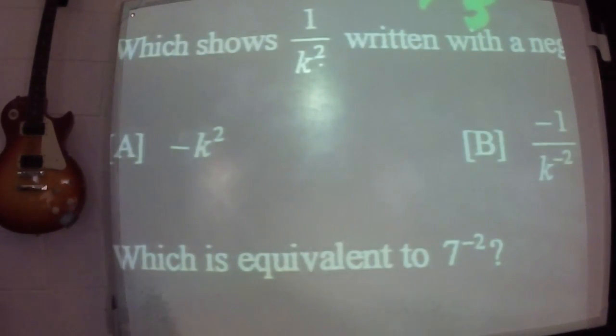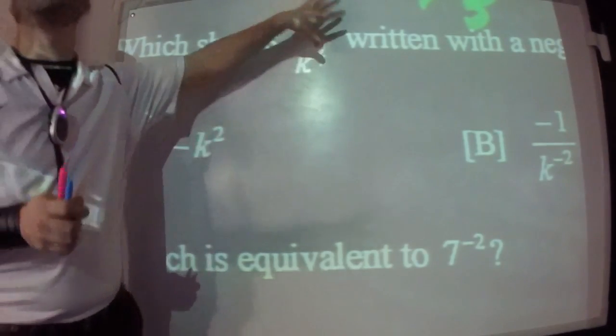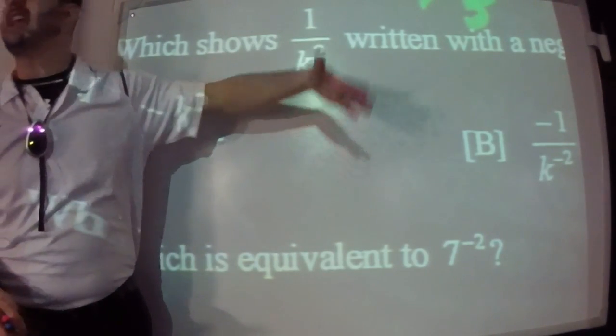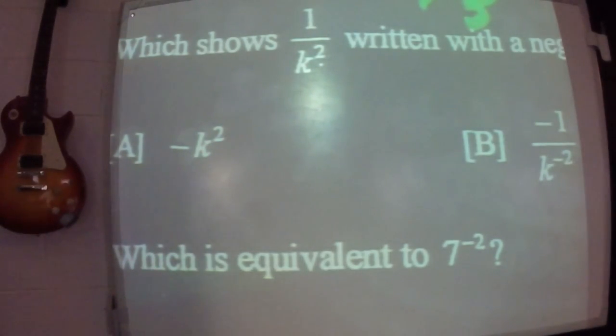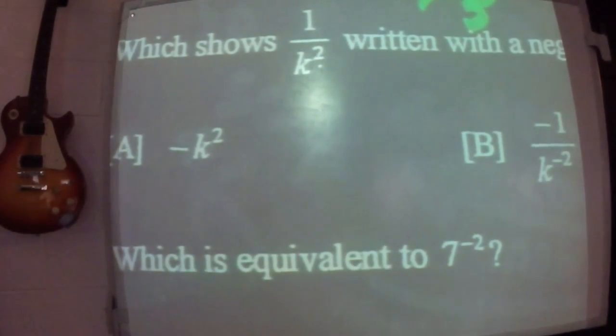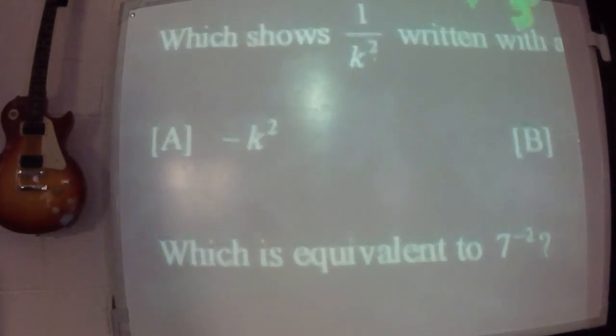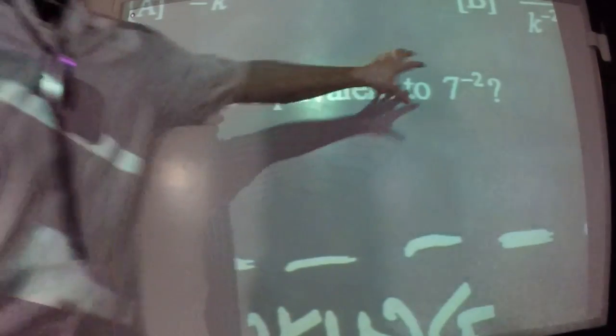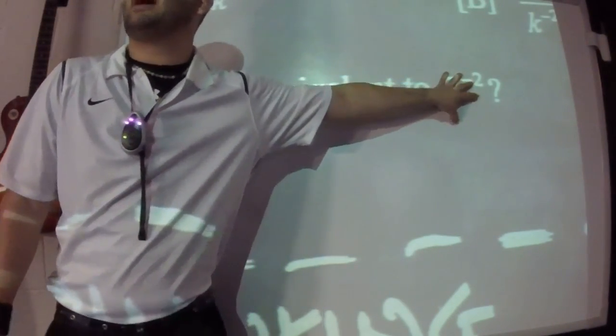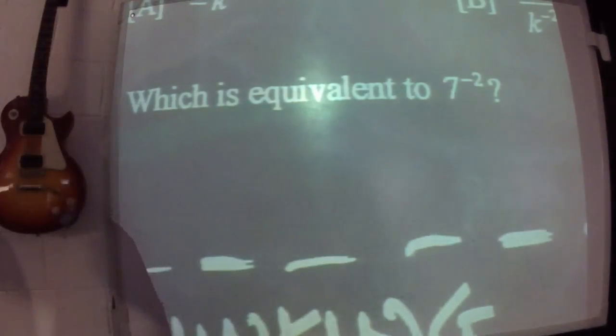Look at 1 over k squared. Write that with negative exponents. So I've got 1 over k squared. I bring the k squared up and make it k to the negative 2. And then we need an equivalent expression for 7 to the negative 2 power. 7 to the negative 2 power is the same as 1 over 7 squared.